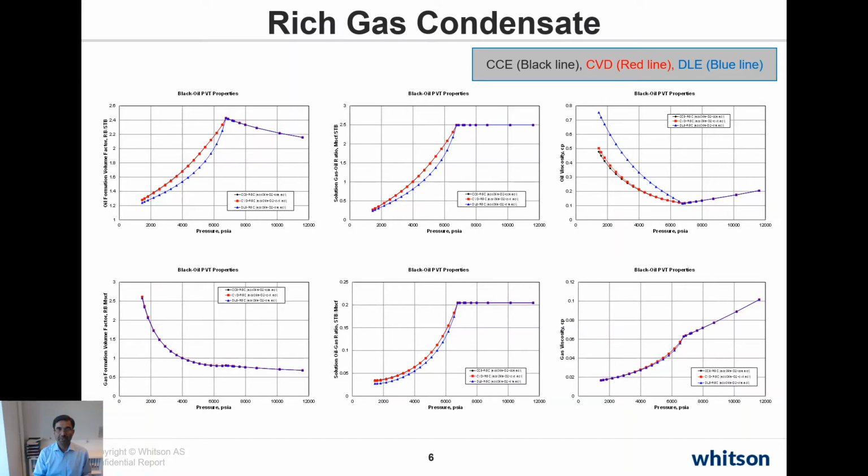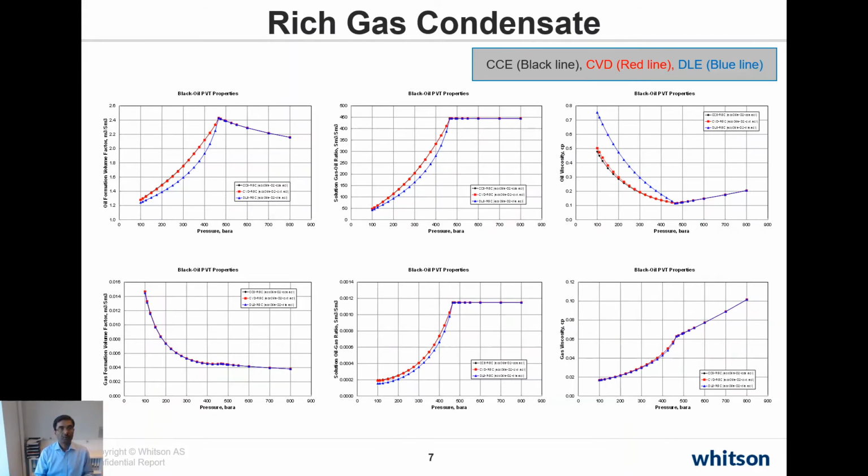CCE and CVD are quite close. Similarly for the gas properties, the solution oil gas ratio in DLE is slightly lower than CCE and CVD. CCE and CVD are quite close. The same black oil PVT table data, but in metric unit system.